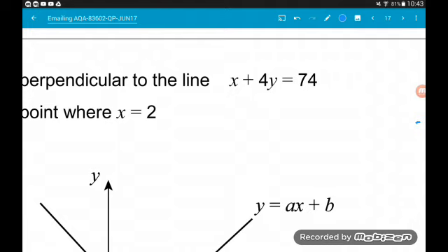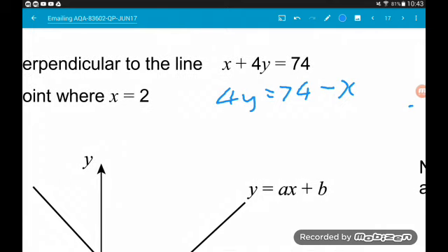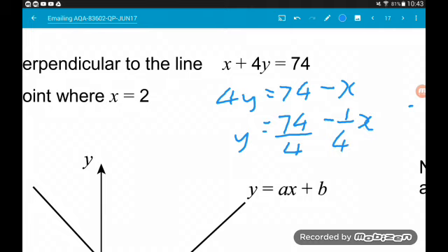So, if we subtract the x, 4y is 74 minus x, divide by 4, y is 74 over 4, whatever that is, minus 1/4 x. So the gradient of x plus 4y equals 74 is minus 1/4.